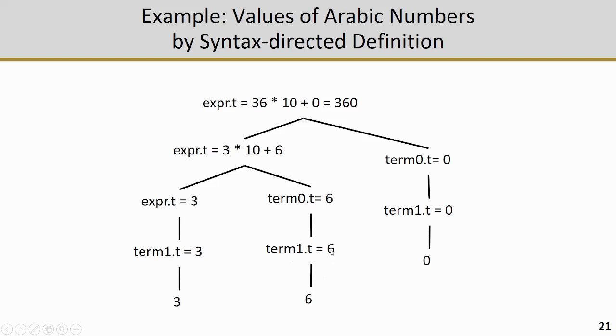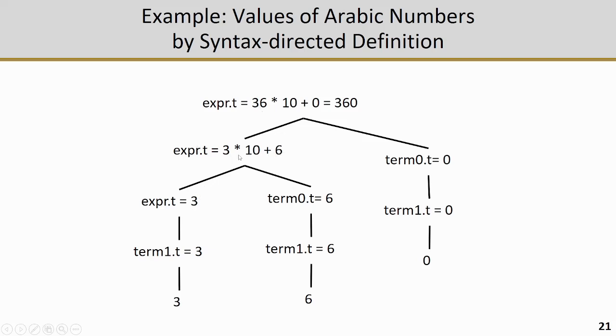So the value of 6 is placed in the attribute of term 1, and then bottom up in the attribute of term 0, and then we have the semantic rule to calculate the expression's attribute as the value of the attribute of the expression on the left hand side multiplied by 10 plus the value of the term 0 on the right hand side. So in this case it's 3 times 10 plus 6, which is 36.